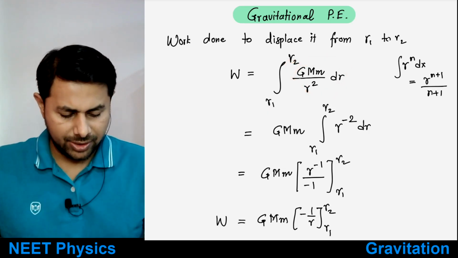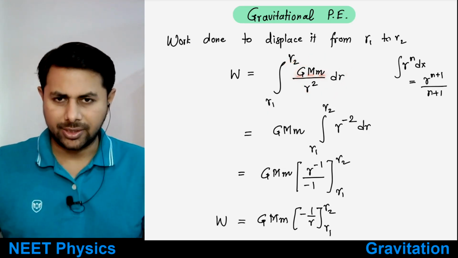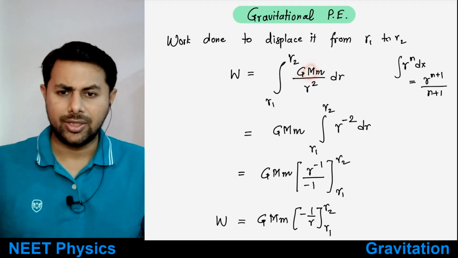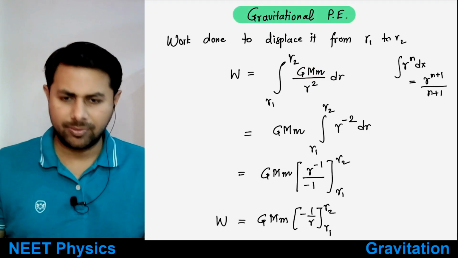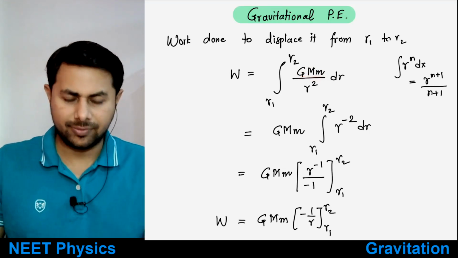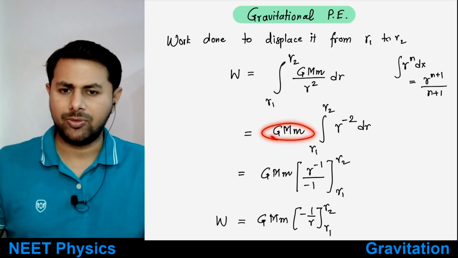G is the universal gravitational constant, M is the mass of earth, small m is the mass of the object, all of them are constants. So we can move GMm outside.